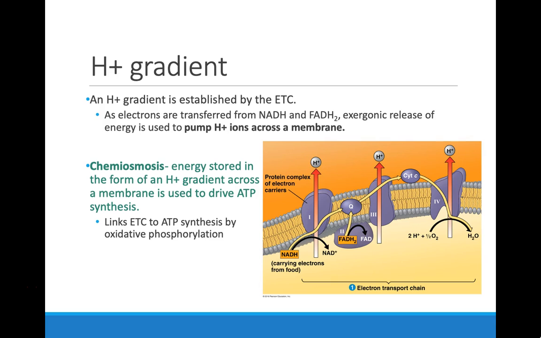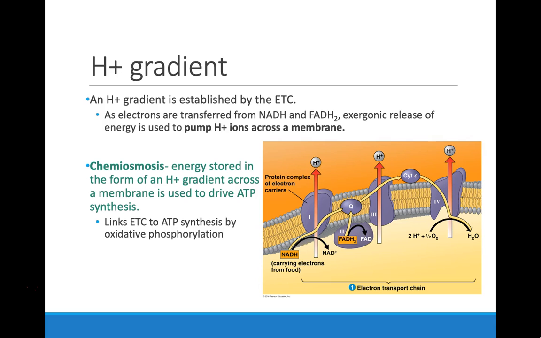And I said that the proton pump would be really important. The reason that it's important is as those electrons are passed through the electron transport chain embedded in the mitochondrial membrane, the energy from those electrons is used to pump hydrogen ions to the outside of the mitochondrial membrane.